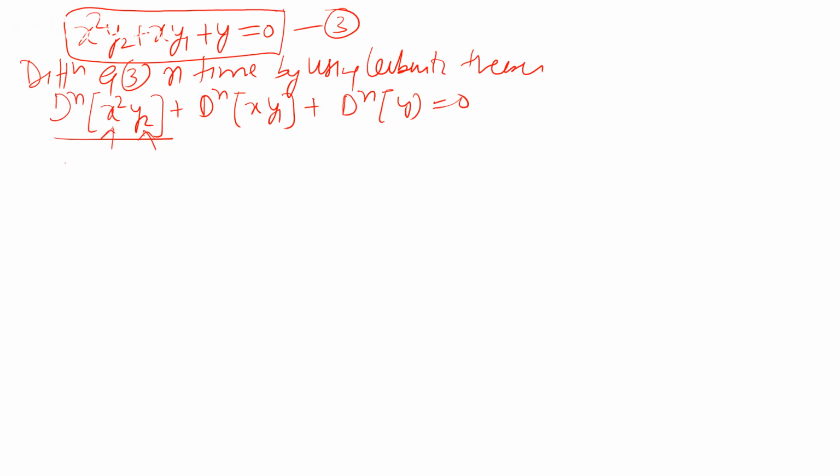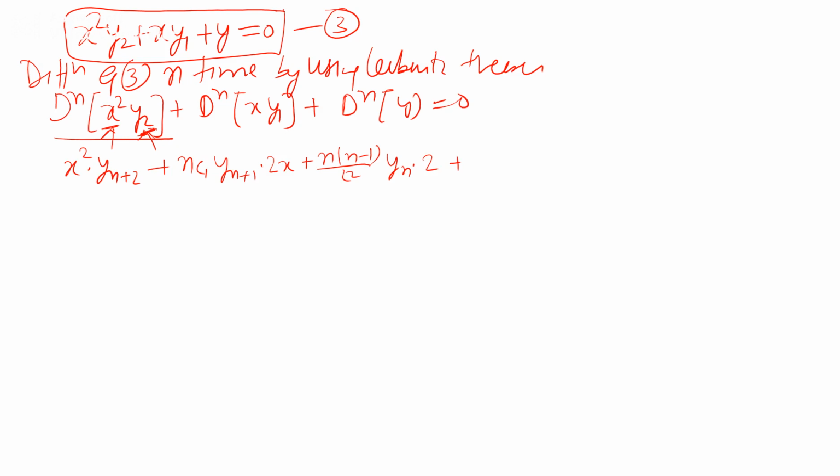Expand it: nC0 is 1, so we write x^2 times the n-time derivative of y2, which becomes y_{n+2}, plus nC1, the n minus 1 time derivative of y2, which becomes y_{n+1}, and the 1-time derivative of x^2 is 2x, plus n(n-1)/2! y_n into 2.